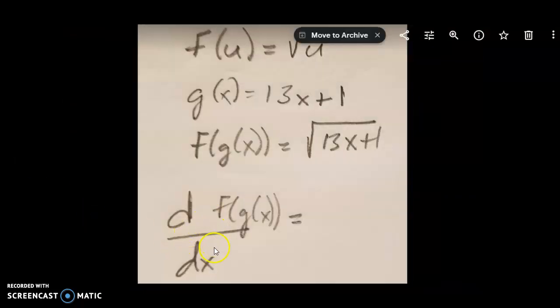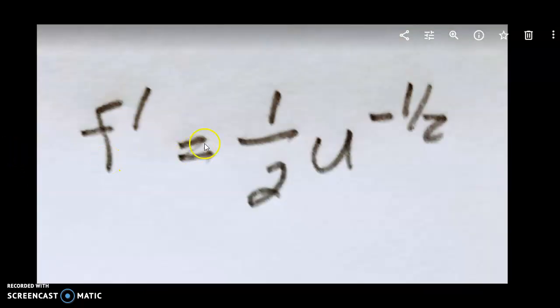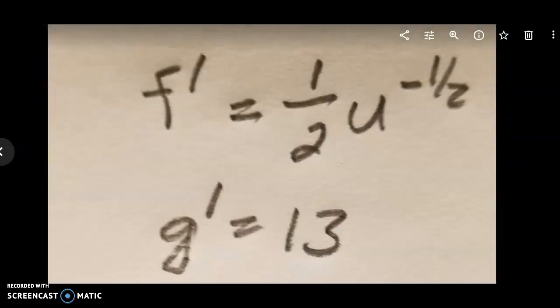So when you take the derivative, first of all, f prime will be 1/2, because square root is a 1/2 power. So we move the 1/2 down, and then 1/2 minus 1 is negative 1/2. We take 13x plus 1, and the derivative of that is just 13.